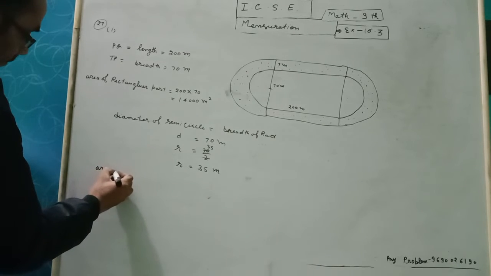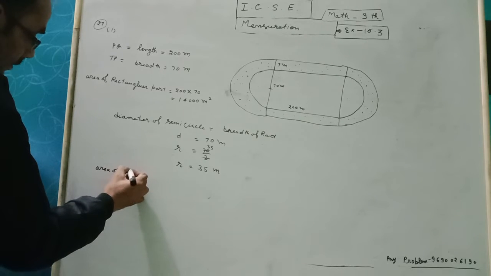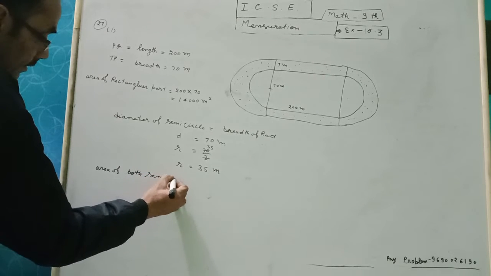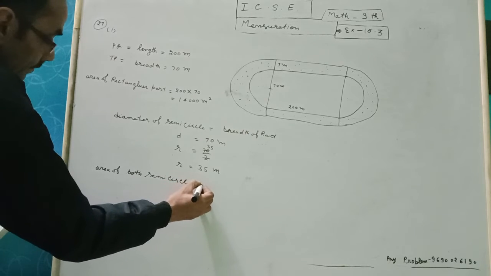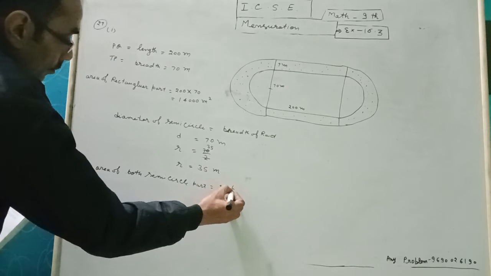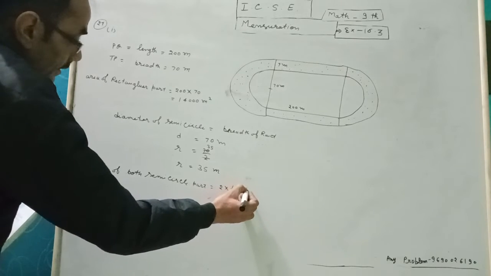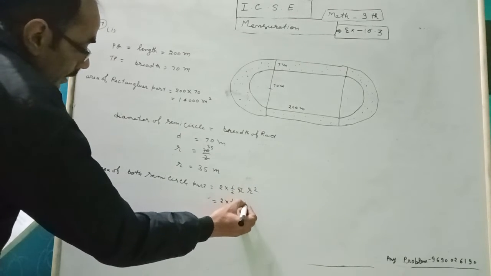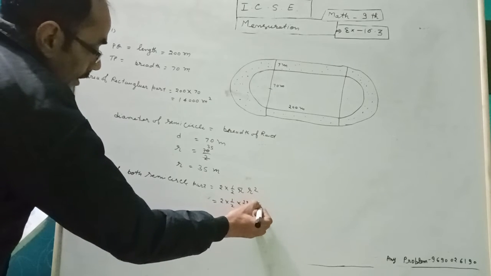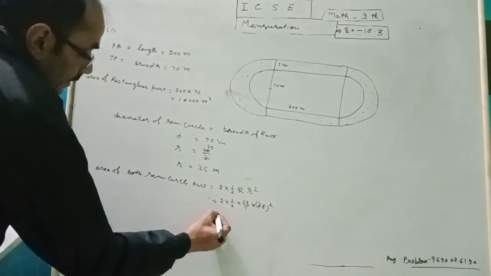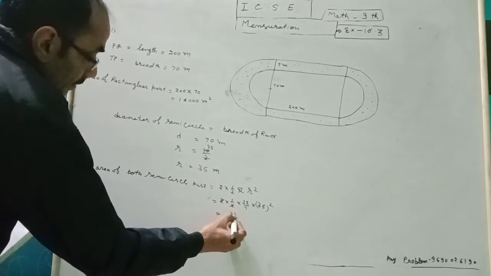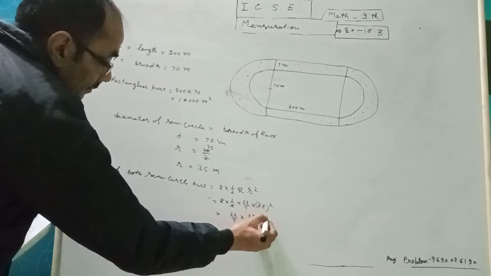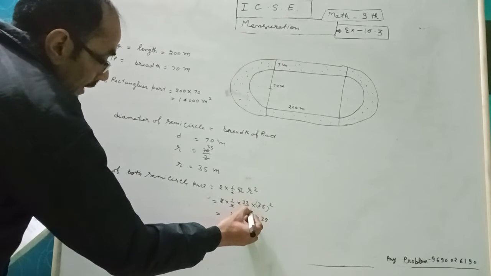Area of both semicircle parts is equal to 2 into 1 by 2 pi r square, which is 22 upon 7 into 35 into 35. 7 divided into 35 is 5.